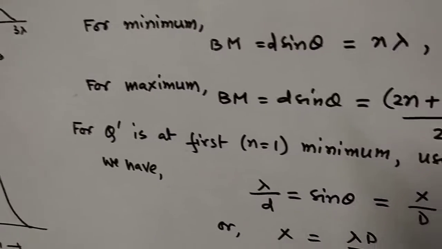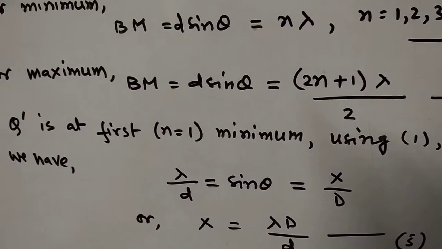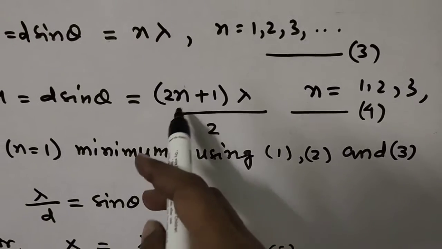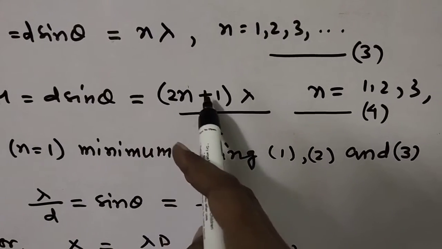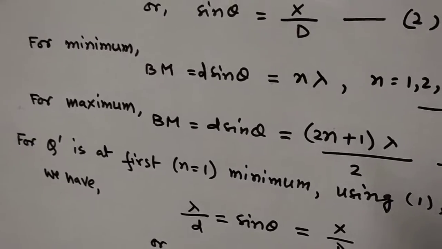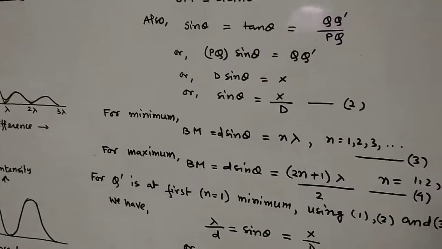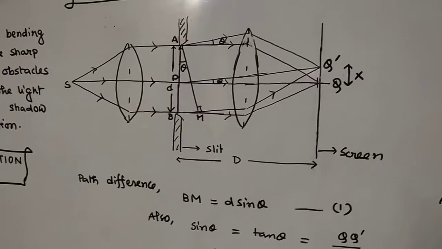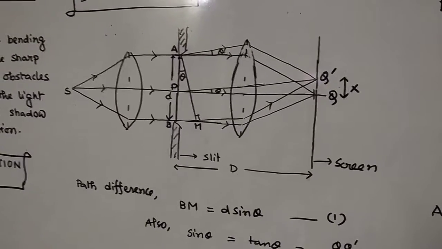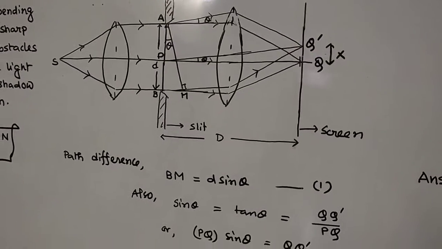Now for maximum part, the n comes out to be again if you consider 1, 2, 3 like this. So if you consider n equal to 1, then it comes out to be your 3 lambda by 2. If the path difference is 3 lambda by 2, it means that you have to split the slit in 3 equal parts, and for any two pair the path difference is lambda by 2, but for the third one there is no corresponding pairing, that's why the intensity comes at Q dash and you used to get maximum.